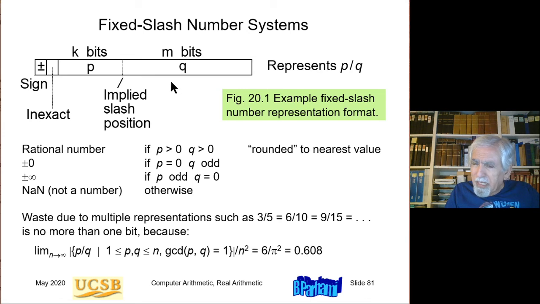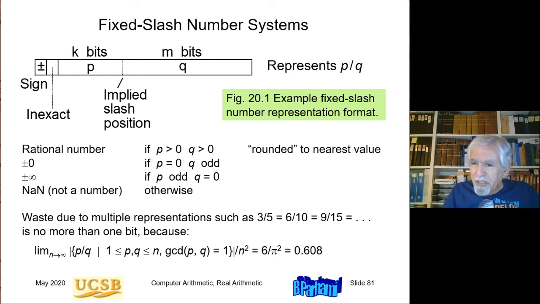Now the problem with this is that as you multiply or add rational numbers, fractions in this way, the numbers p and q can get large, thereby exceeding the capacity that you have there. Of course, you can try to simplify. For example, if you get 3/9 in the course of some computation, you can divide both by 3 and make it into 1/3 to avoid increasing the magnitudes of p and q.